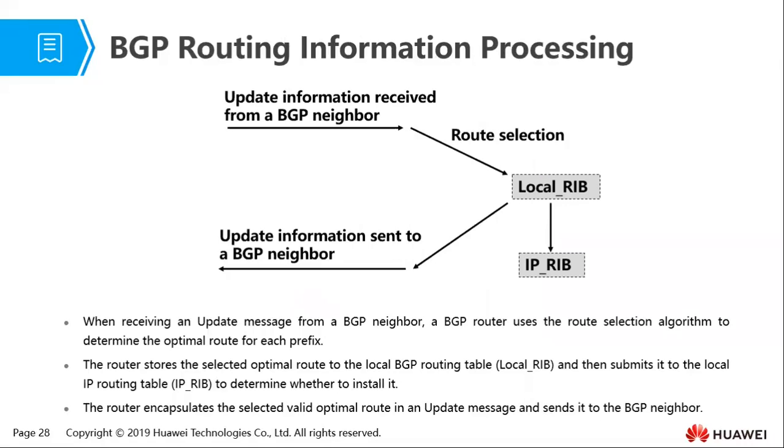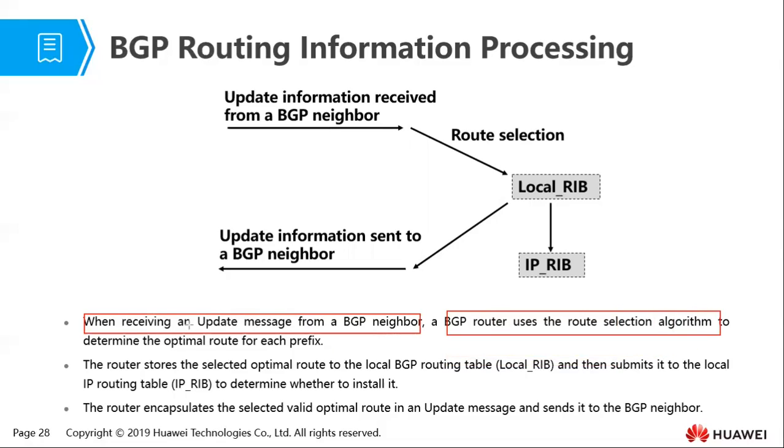Okay. Now let's look at the BGP routing information processing. When receiving an update message from a BGP neighbor, a BGP router uses the route selection algorithm to determine the optimal route for each prefix.